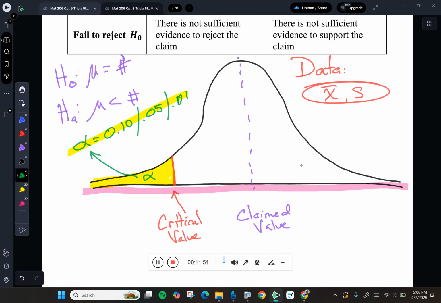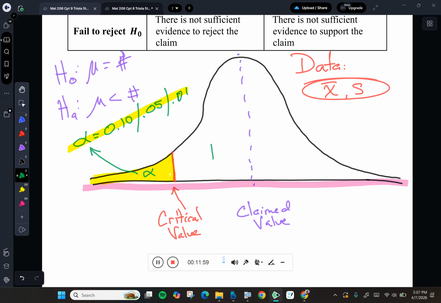And if that data plots anywhere to the right of that critical value, this is going to be the fail to reject region.